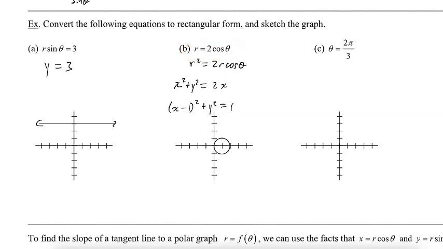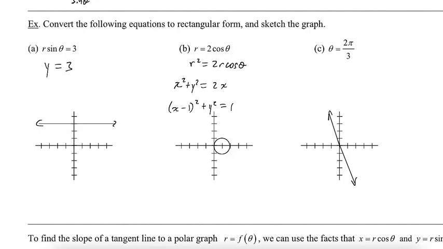All right, theta equals 2 pi over 3. Well, 2 pi over 3 is right there. And this is only for positive radii. Like we were talking about, if it was a negative radius, it would just go the complete opposite direction. So I would have a line altogether, something like this. Now, how do I express that as a line?